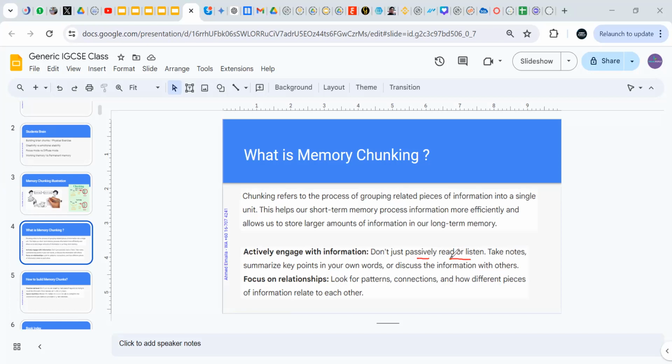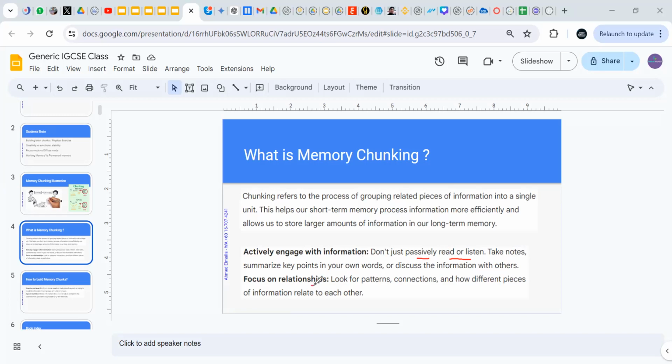Take notes, make summaries for key points, discuss the information with others. That deepens not only your understanding, but the chunking of information inside your brain. When you have good chunks, then you understand the information better, and it resides inside your brain for a longer time.